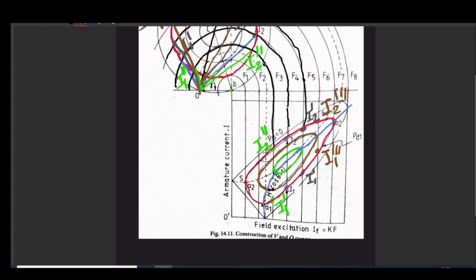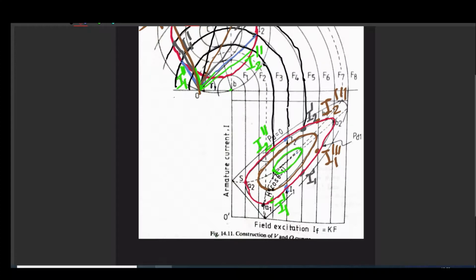So if you join all these curves, and obviously you need to extend them, you are going to get a curve like this.